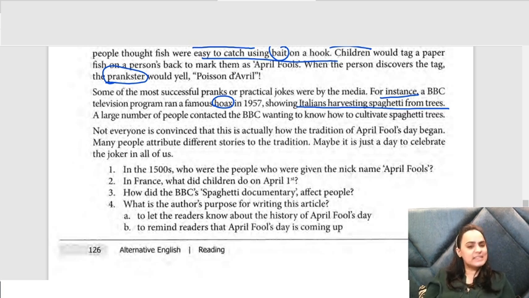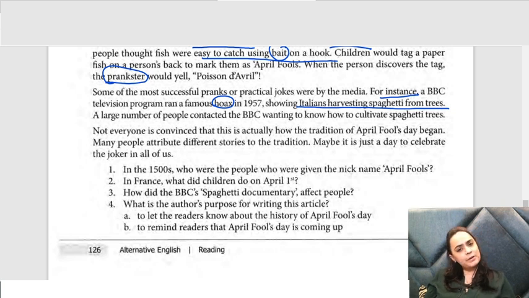Not everyone is convinced that this is actually how the tradition of April Fool's Day began. Many people attribute different stories to the tradition. So the writer says that not everyone has accepted or is convinced with the history of April Fools that I have just told.